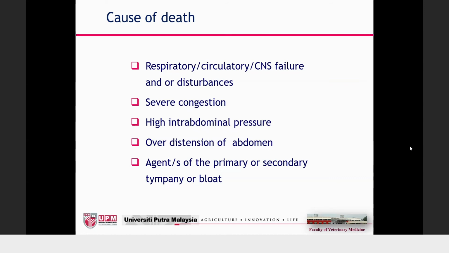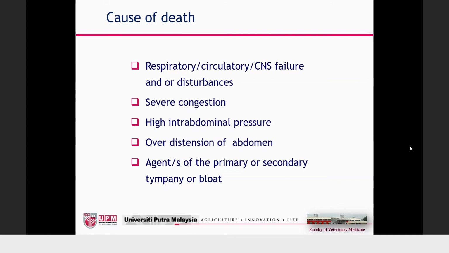In this case there will be low venous return, partly because the organ undergoes very severe congestion, as well as high intra-abdominal pressure and over-distension of the abdomen. So that's why there is low venous return.